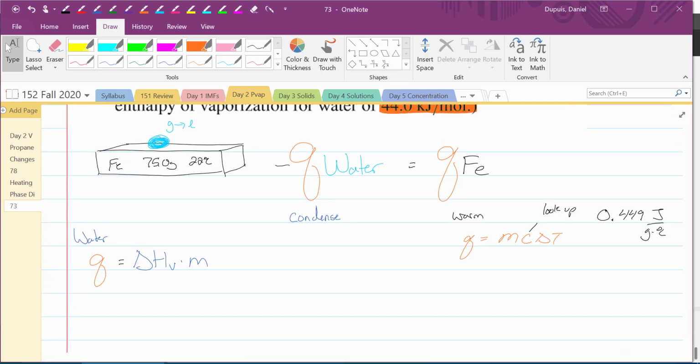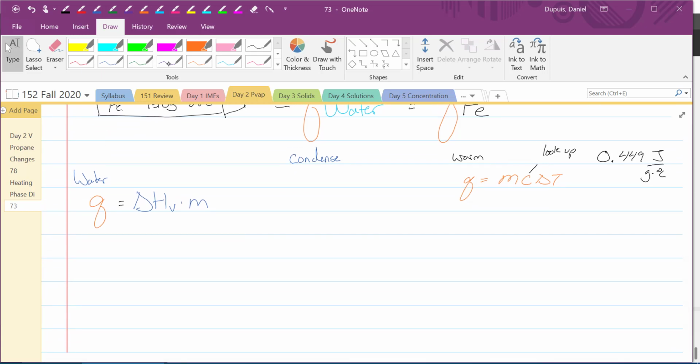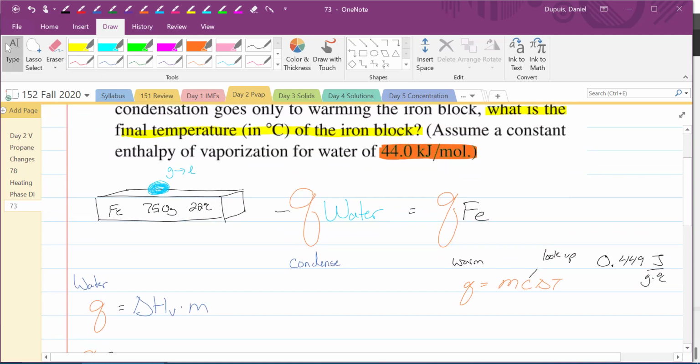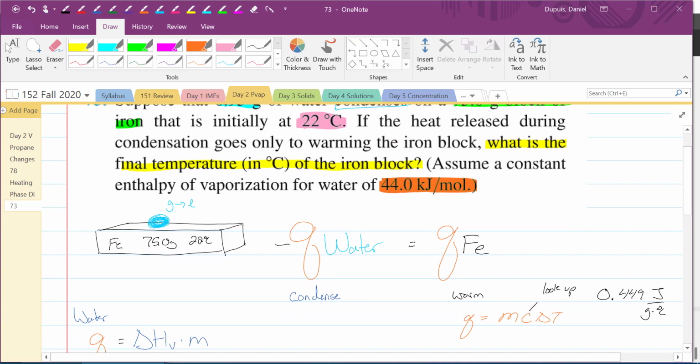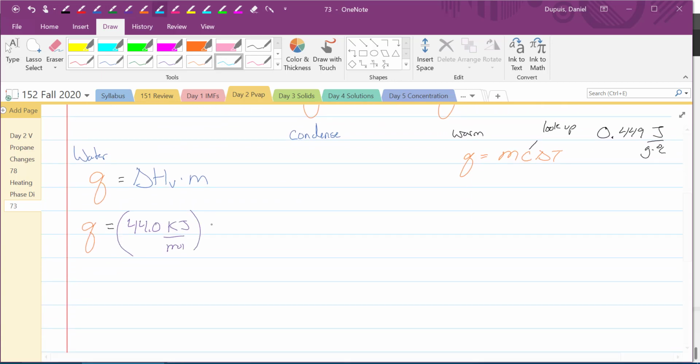So Q, we're looking for this energy, is equal to delta HV. Our problem gives us delta HV as 44.0 kilojoules per mole, and we have 0.95 grams.